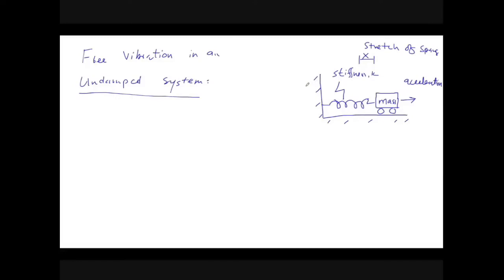Now the classical equation of motion for an undamped freely vibrating single degree of freedom system, or a system with no forcing function, can be written as m x double dot, so there is acceleration, plus k x is equal to 0. If there is no forcing function, this right side will be 0. And if there is no damping, the damping and velocity term will also be equal to 0. So we just have these two terms: mass times acceleration plus stiffness times displacement.